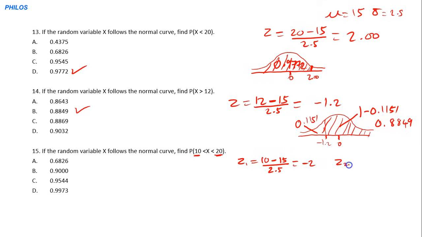And we also find z2, it will be 20 minus 15, divided by 2.5, and it will give us positive 2.00. So it means that probability that z should be between negative 2 and positive 2. That's the meaning. So let's sketch a curve for this.